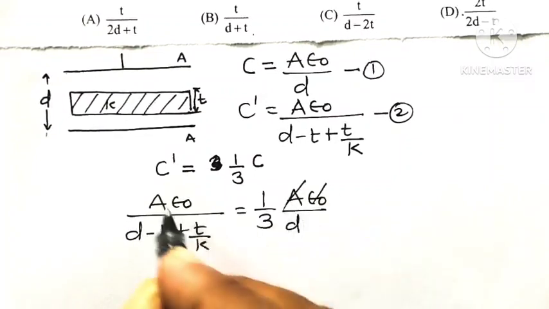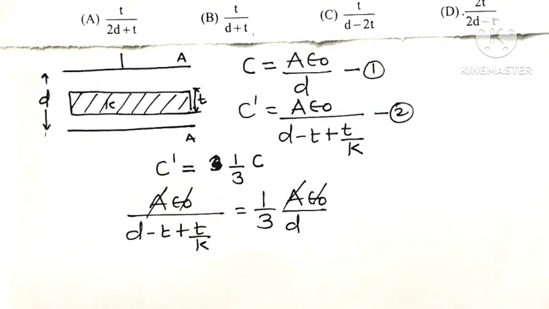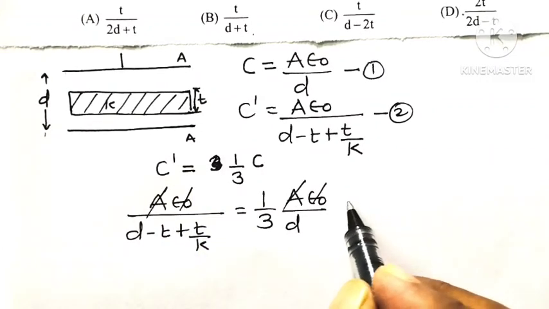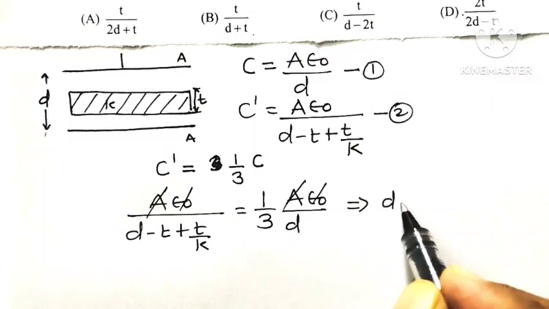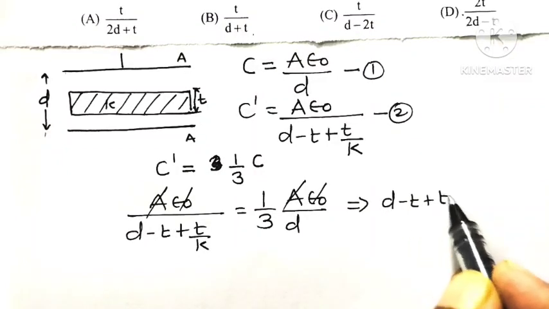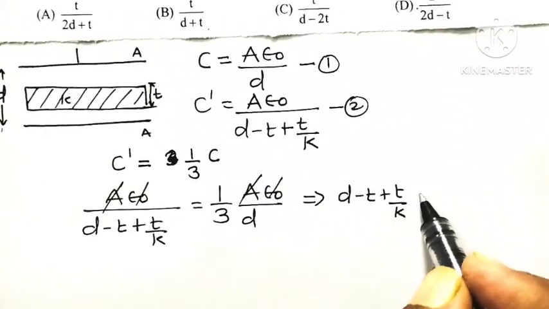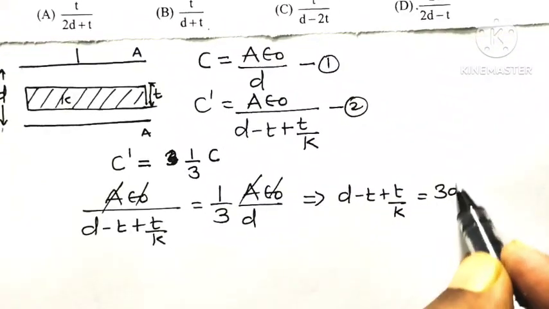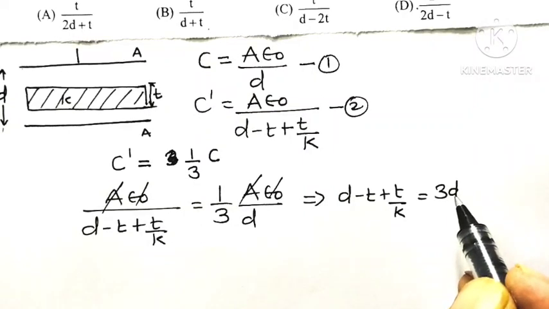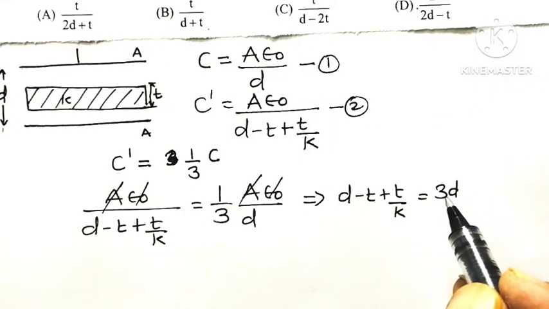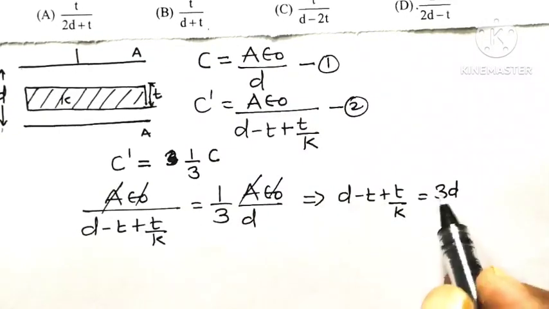So this A epsilon 0 gets cancelled, and we can equate the terms in the denominator. So this implies that D minus T plus T by K is equal to 3D. Take these terms of D to this side.